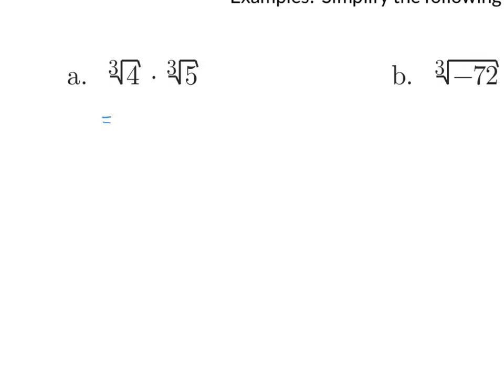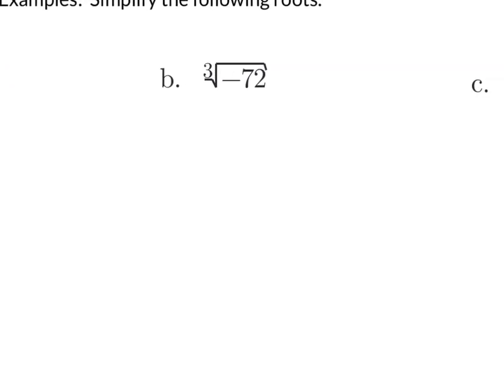So we're going to go ahead and have a cube root of 4 times 5, which is 20. And we're done.